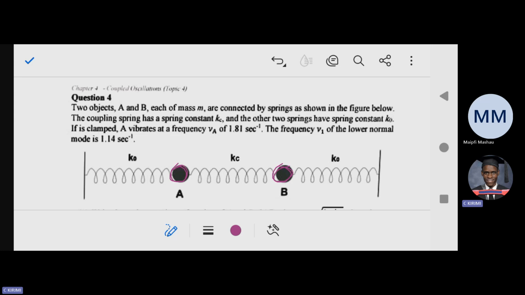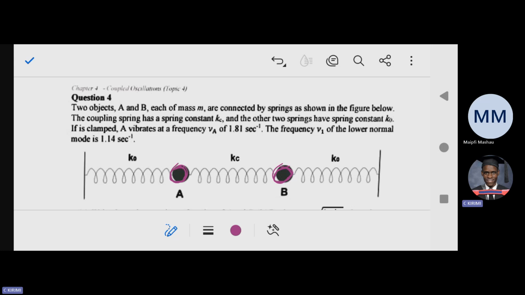The coupling spring. What does the coupling spring mean? It means this spring which is at the middle here, it's joining the other ones. Those round black things, those are the masses.